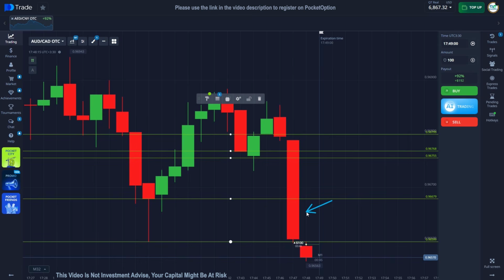A big candle formed, and because this big candle received a rejection from the level, I entered a higher trade. The candle will probably turn up to cover this gap and the distance from the open price of the next candle. So, because of the formation of a big candle that received a rejection from the level, I entered a higher trade.